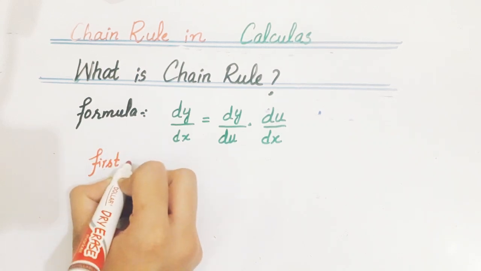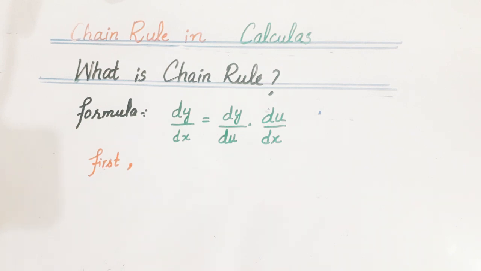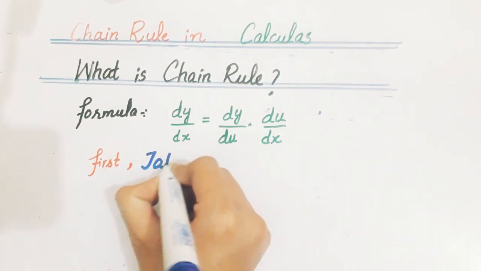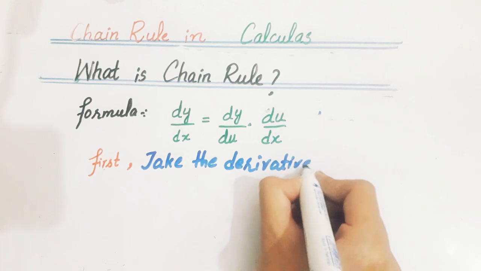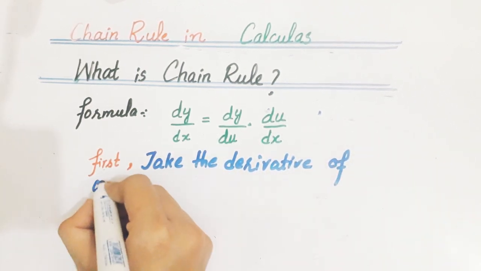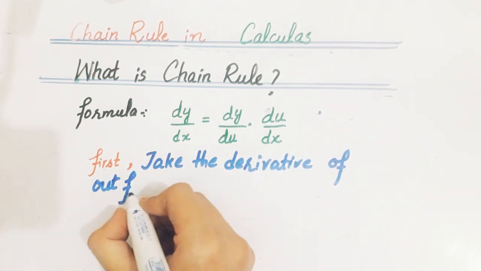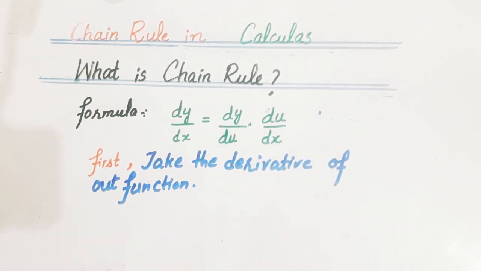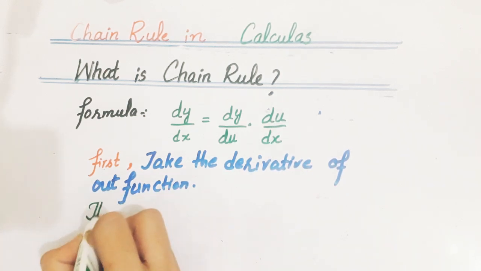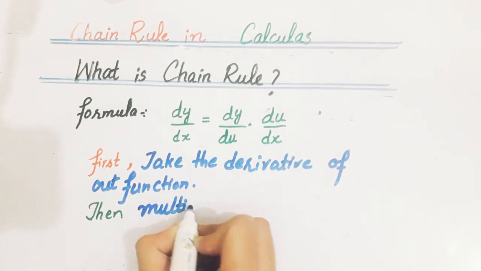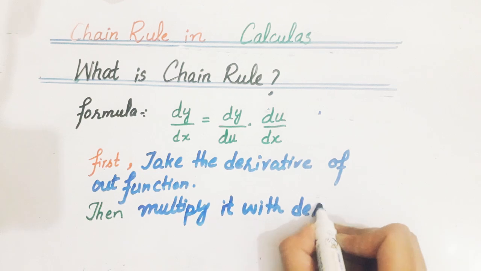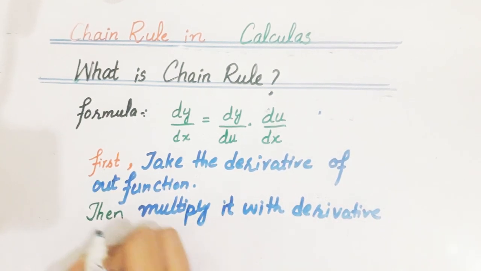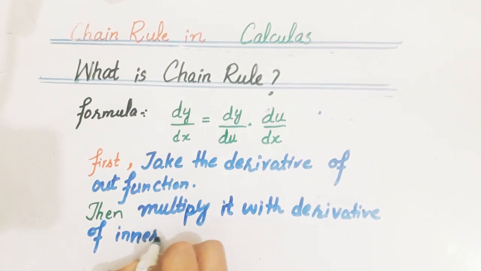First, take the derivative of the outer function, and second step is multiply it with the derivative of the inner function.